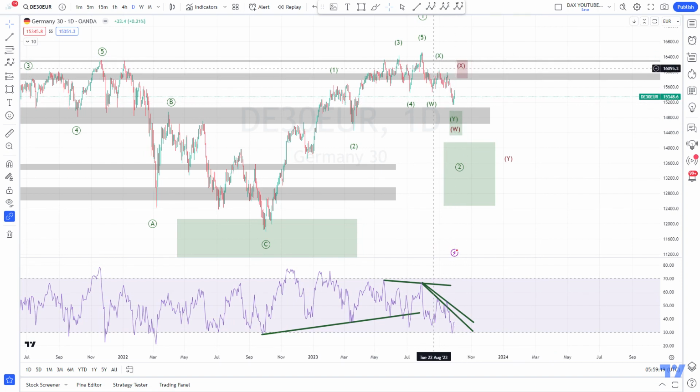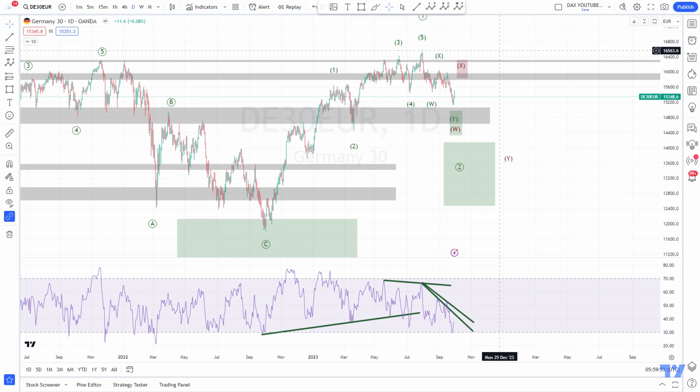Because as you can see here, we have a full correction, W, X, Y, with 3 swings, 1, 2, 3. We have the potential to go up from here. This is something that can play out. And then what I would like to see here on the daily is that we definitely need to break these trend lines here in the daily. This needs to happen to start an upward cycle here.